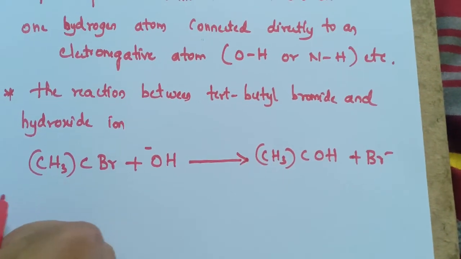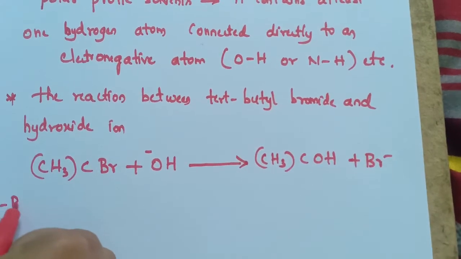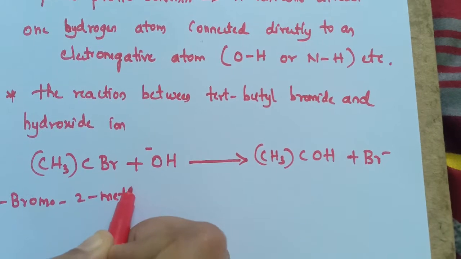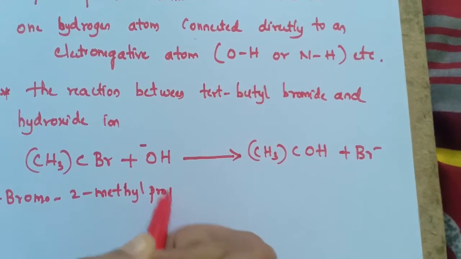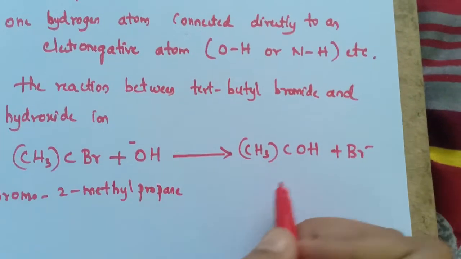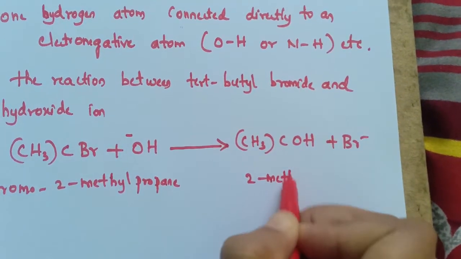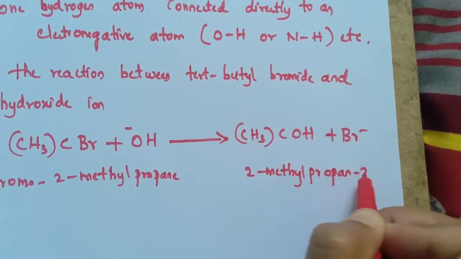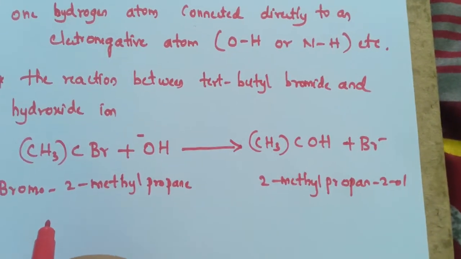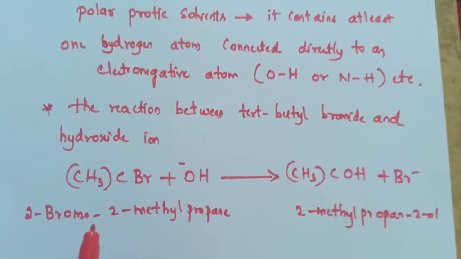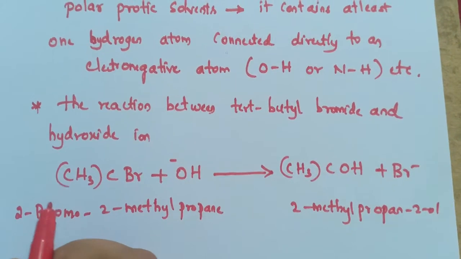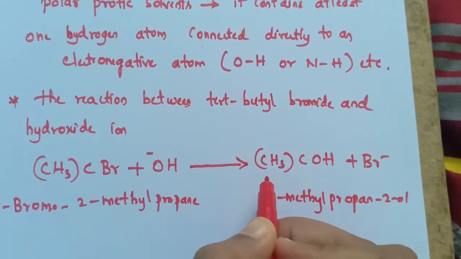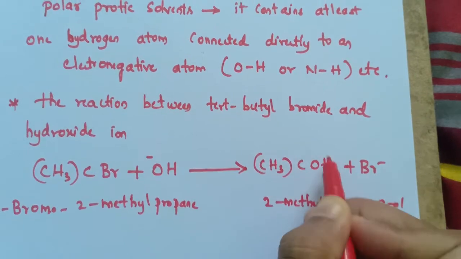The reactant is 2-bromo-2-methylpropane, and we get 2-methylpropan-2-ol. So tertiary butyl bromide gave tertiary butyl alcohol.